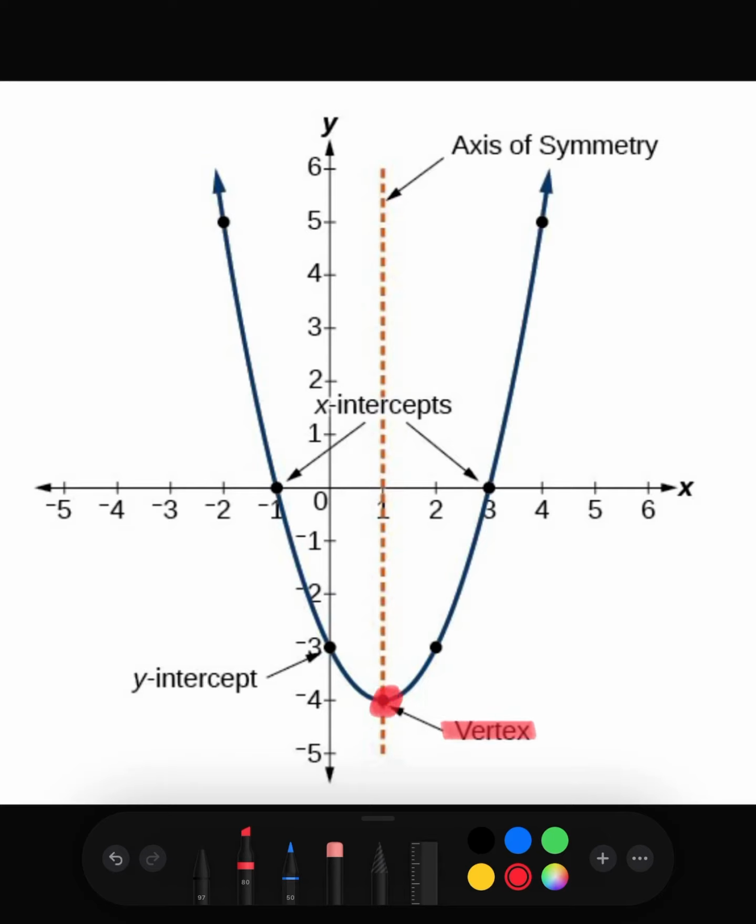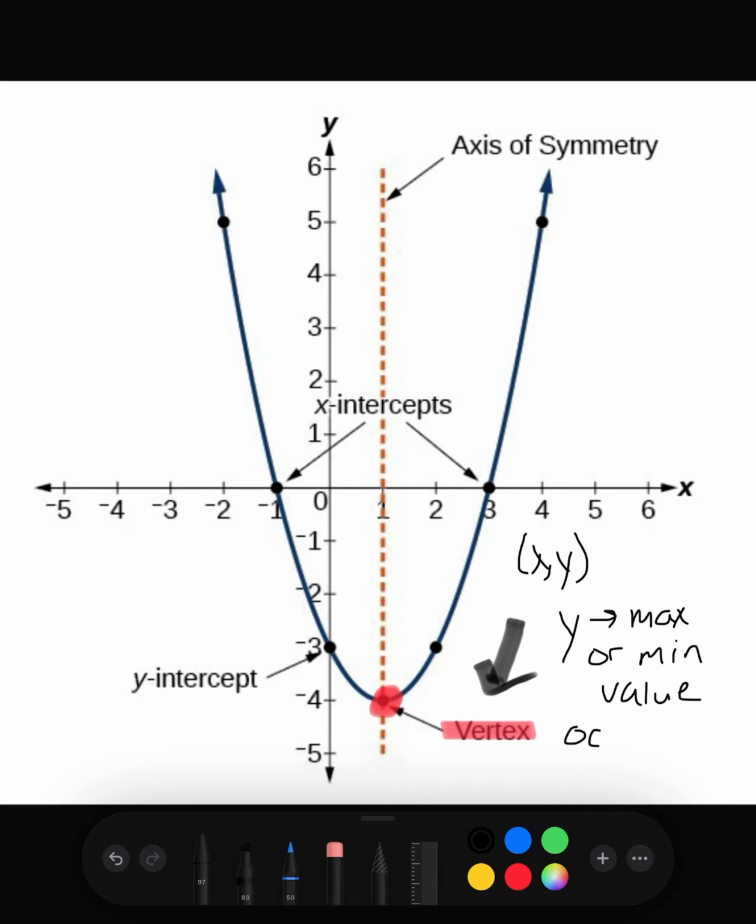So this point is also sometimes called the maximum or the minimum value. Let me draw an arrow so we can see that. So this point on your vertex, this x, y, whatever it is, the y is either your max or your min value, and it occurs at the x coordinate here.